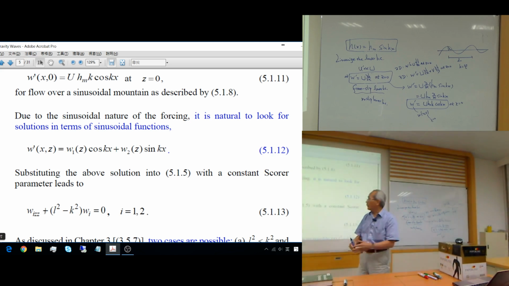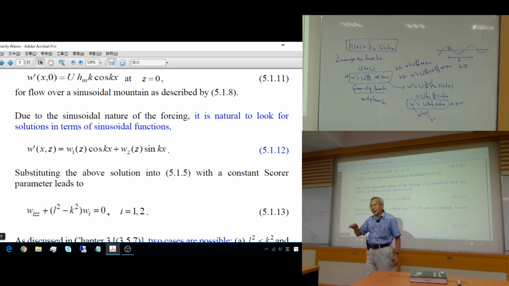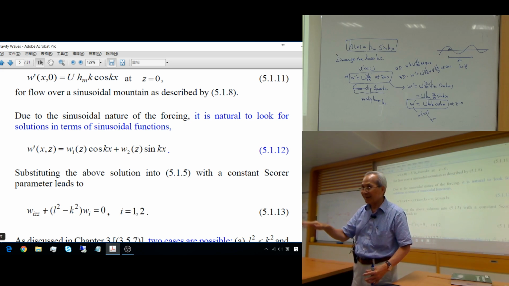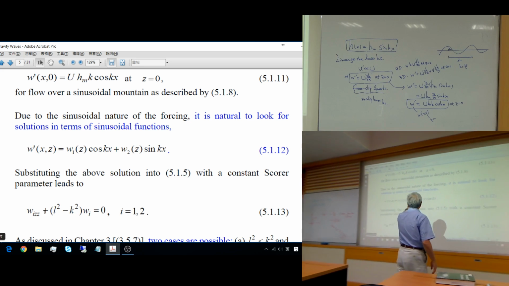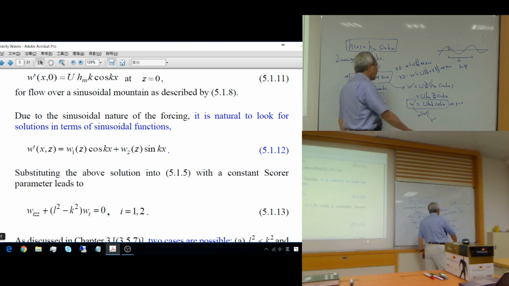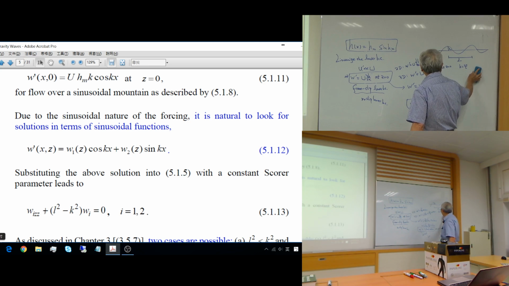If you just allow sine function, you can still get a solution, but your solution is partial, not complete. So we need to have this. So this is our lower boundary condition now.